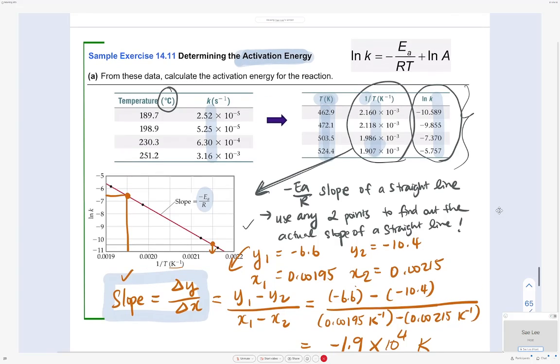So when your equation has this form, of course you can use natural log of K for the y-axis and 1 over T for the x-axis. But if you have a different equation, you can't always use this. Does that make sense? Yeah, it does. So it would only work for activation energy. Of course, it will only work for this equation specifically. Right. Okay, I get it now. Thank you.